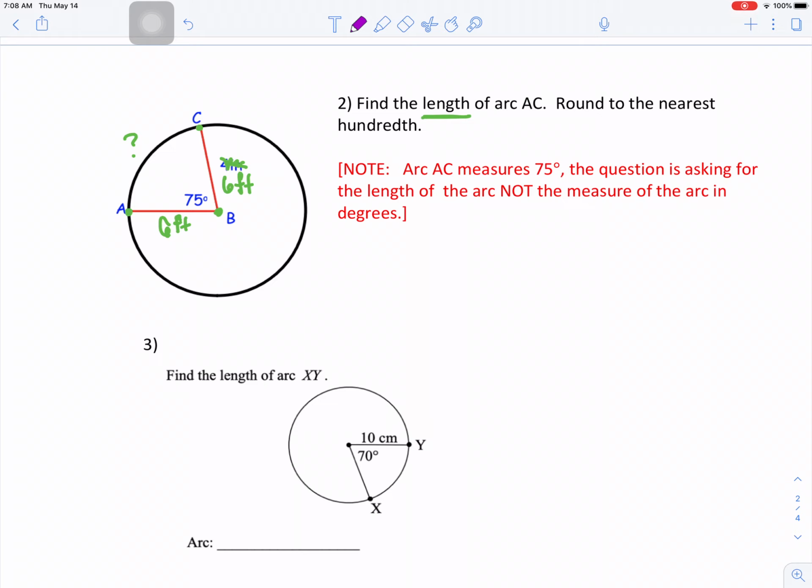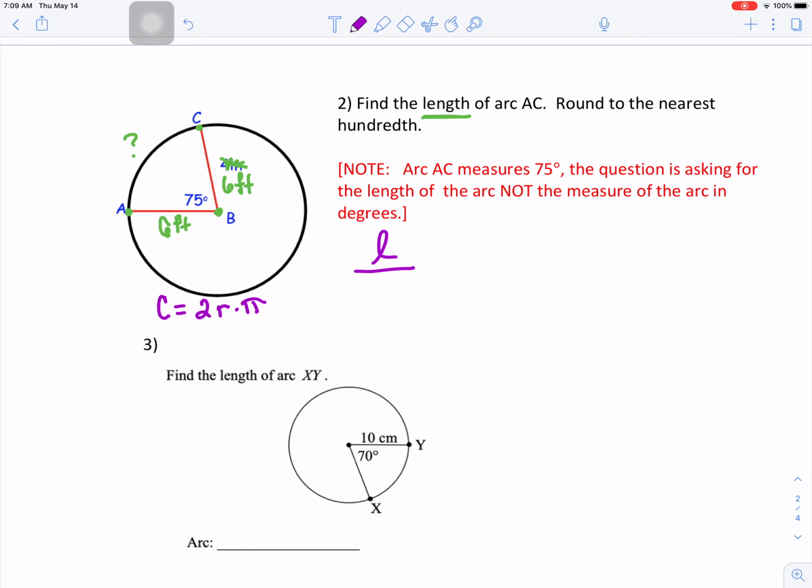Well, we're going to do the length of the arc, that's what we're looking for, over the whole thing that goes with the length of the arc. So all the way around from A to A, in distance. So I need to do the circumference. Circumference is 2 times the radius times pi.